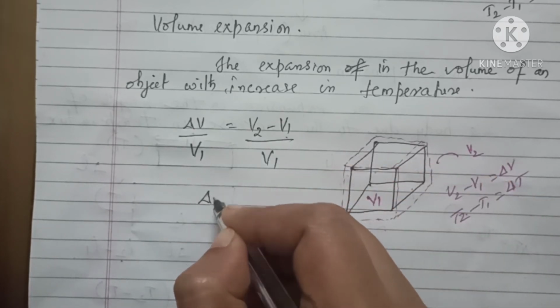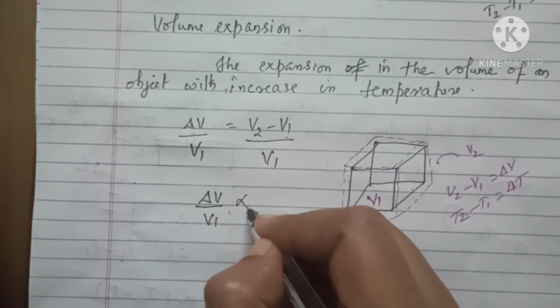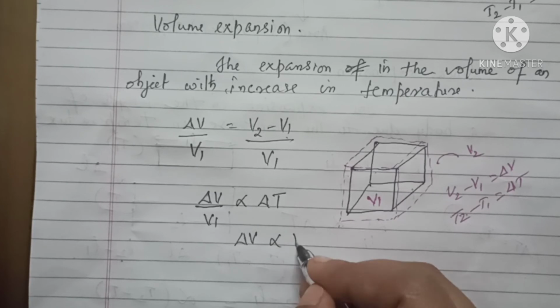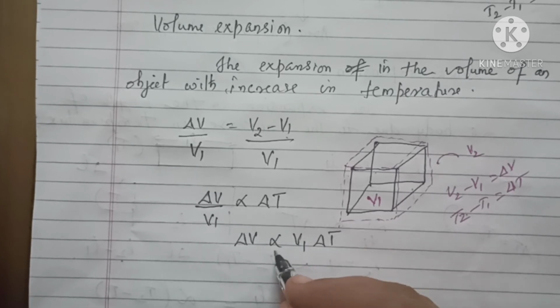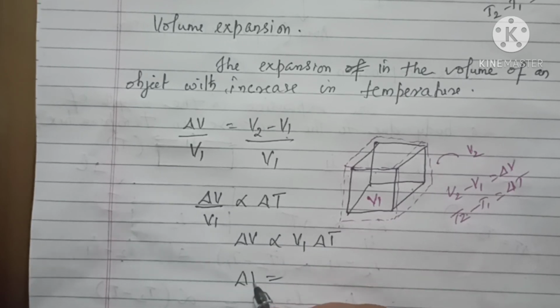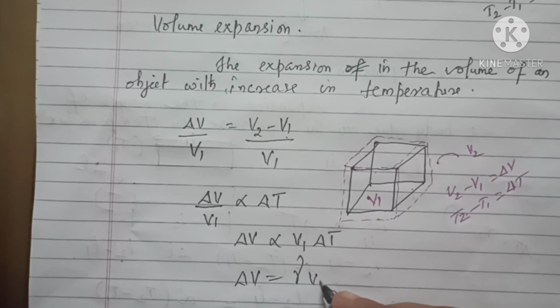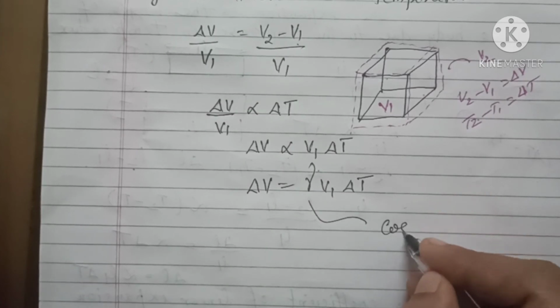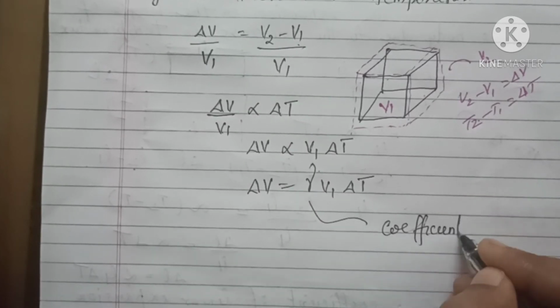So delta V by V1 is proportional to delta T, and delta V is proportional to V1 delta T. The proportionality sign can be changed with gamma. So delta V equals gamma V1 into delta T. Clear? So this gamma is actually the coefficient of volume expansion. Gamma is known as the coefficient of volume expansion.